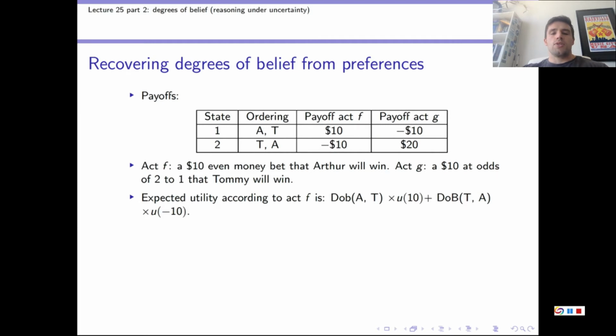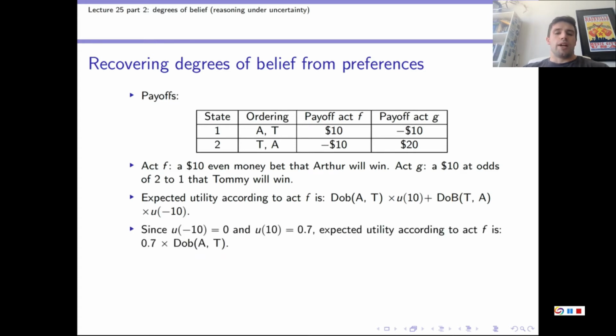Well, the expected utility according to Act F is degree of belief in AT times U of 10, plus degree of belief in TA times U of -10. Since U of -10 is 0 and U of 10 is 0.7, this is just 0.7 times degree of belief in AT, so the degree of belief that Arthur wins.